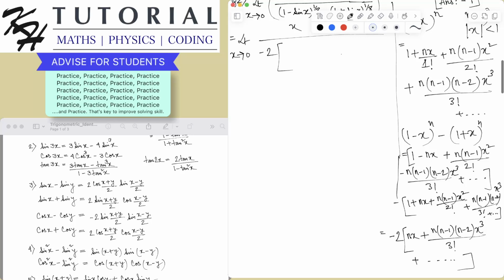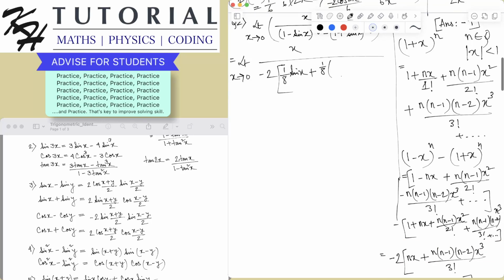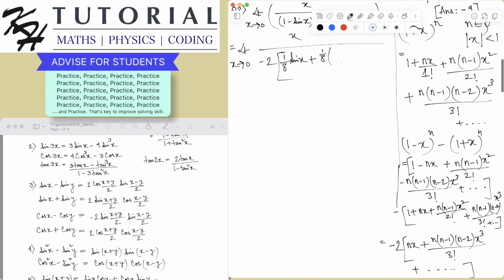So it will be 1 by 8 sin x plus 1 by 8 into n into n minus 1 into n minus 2.